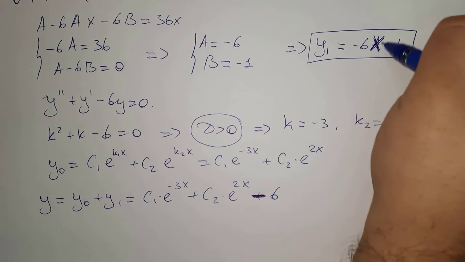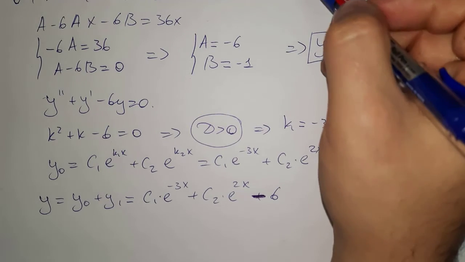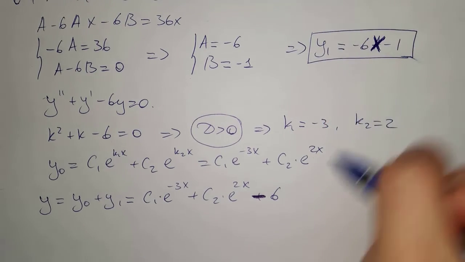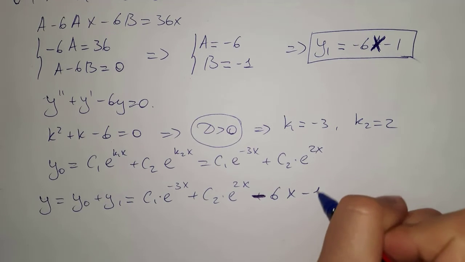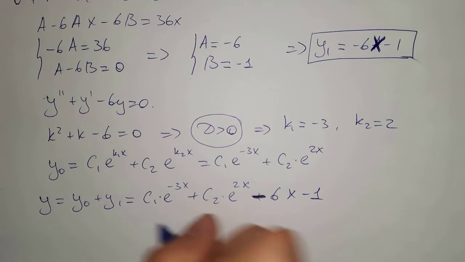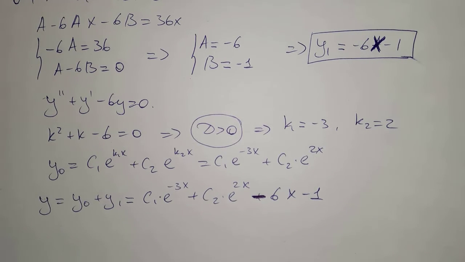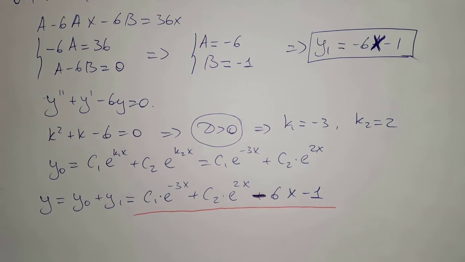It is not a, sorry, it is x; we need to put these values in instead of a and b. So minus 6x and minus 1. This is the general solution of the non-homogeneous second order differential equation.